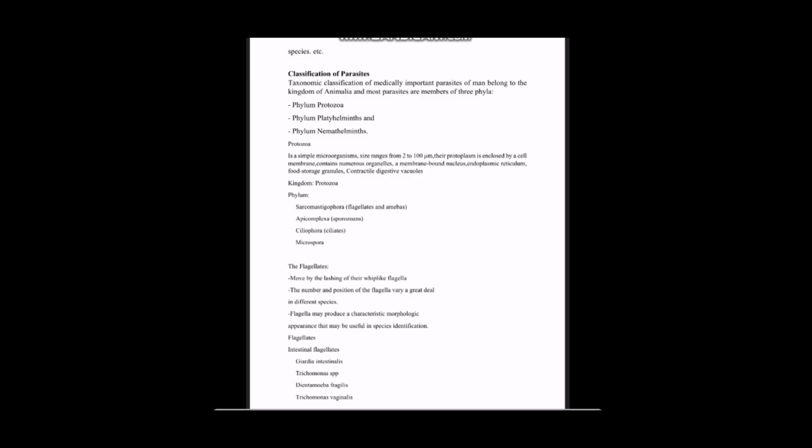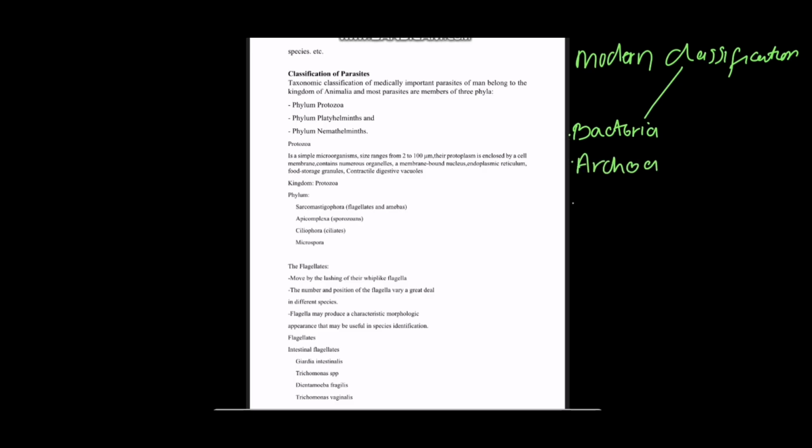We now use 3 domains in the classification of organisms in the modern system. Please take note, it's not captured in your slide. The 3 domains are: number 1, the bacteria, the archaea, and the eukaryota.